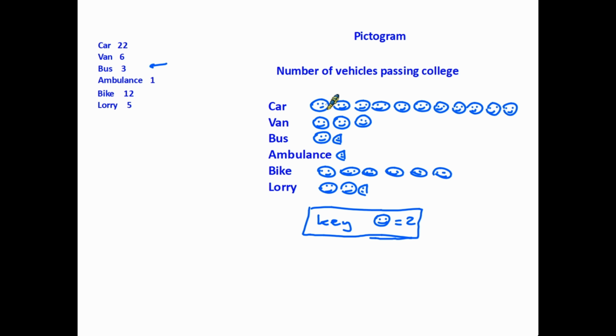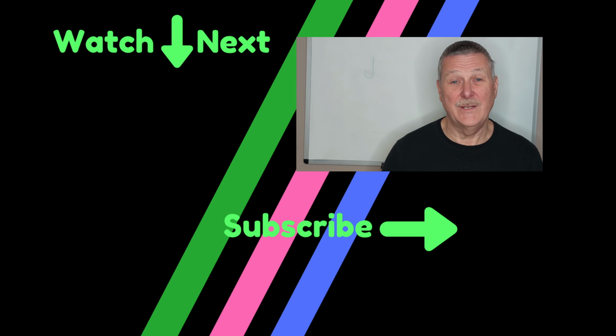So one face is 2, 2, 4, 6, 8, 10, 12, and so on. Van, 2, 4, 6, bus, half a face is equal to 1. That's it really, that is the pictogram. So there you go, pictograms useful for simple and low numbers. If you do get a chance to move on to bar charts and line graphs, much more efficient.